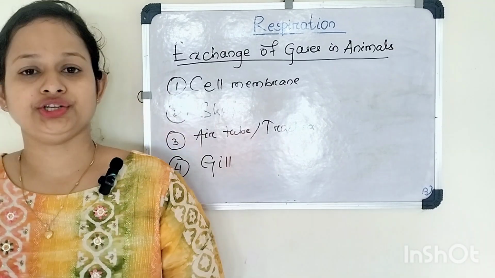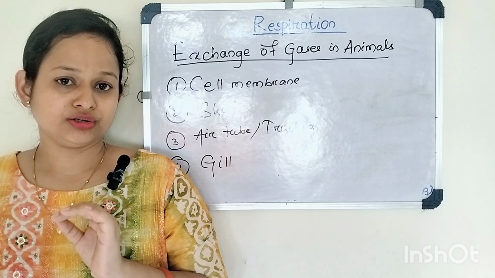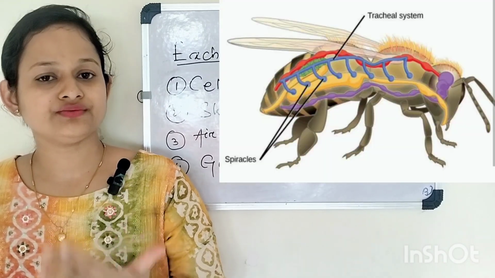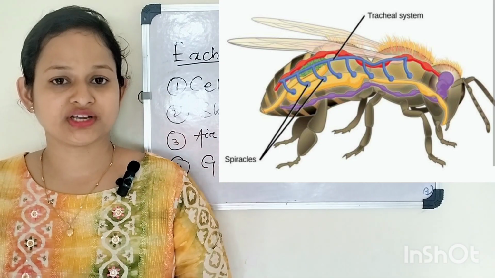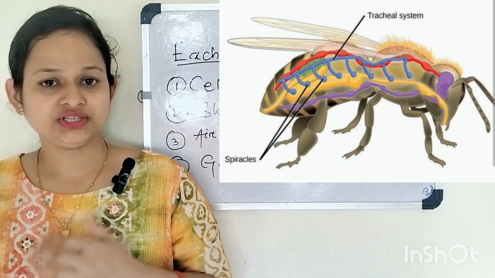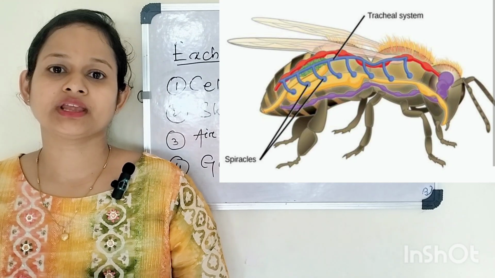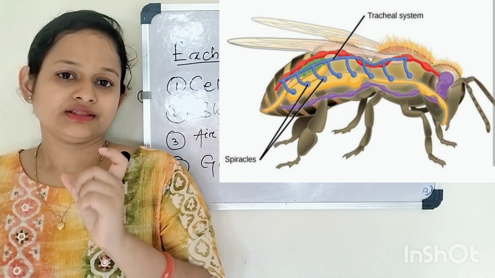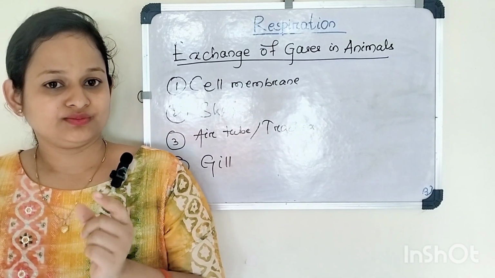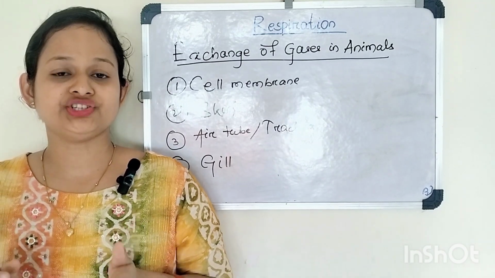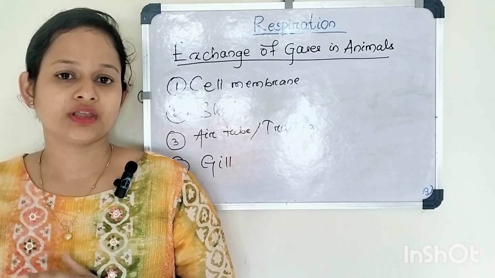Then come to the air tube. The organ for the exchange of gases in insects is the air tube, known as the trachea, and this type of respiration is known as tracheal respiration. The openings of the trachea are known as spiracles, and the spiracles are present on each side of the body.